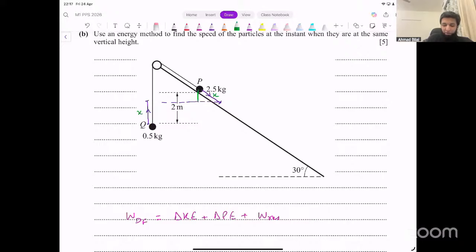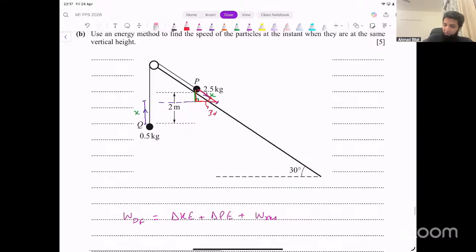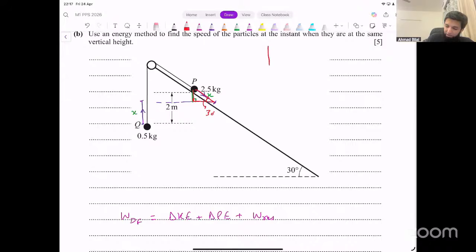We'll have to use trigonometry for that. We have a right angle triangle here. In this right angle triangle, this red triangle, this angle is 30. If I were to enlarge this triangle and draw that on the side, it looks something like this. The hypotenuse is X. This angle is 30 degrees.